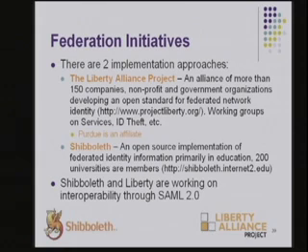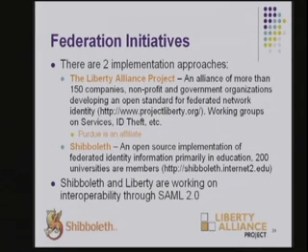Then there is an open source implementation of a federated identity management system, which is called Shibboleth. And here more than 200 universities, Purdue included, are members. And we are currently trying to implement this system and even extend it later to be able to share resources, information from different universities.